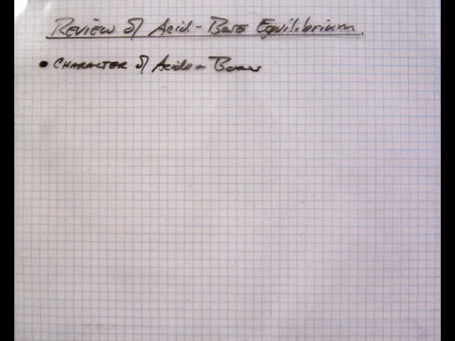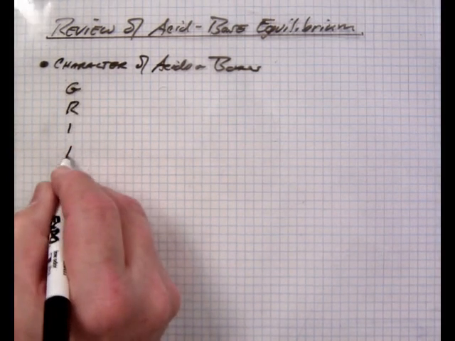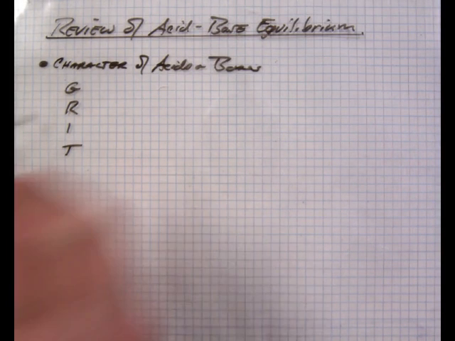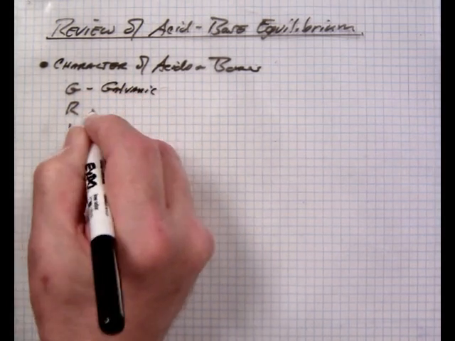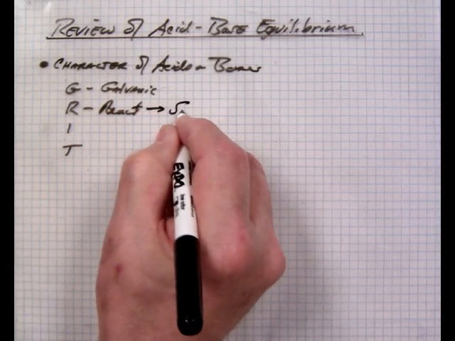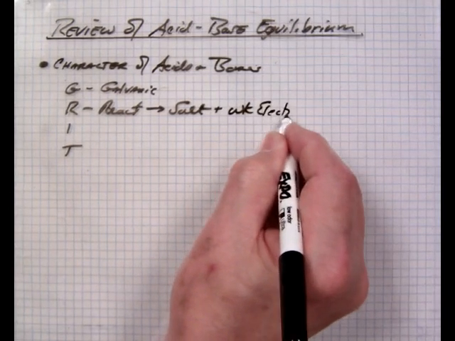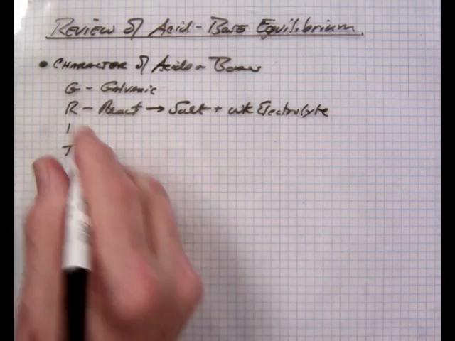Okay, and I gave an acronym, don't remember when, but if you'll use GRIT, grit, it will be real easy to remember just the primary points of acid-base characteristics. They're galvanic, they react to yield a salt plus a weak electrolyte, which for the most part is water typically.